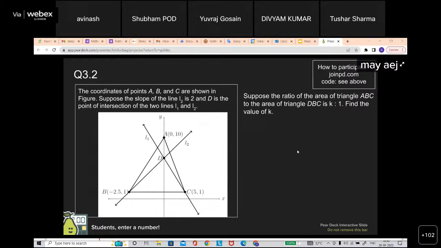The second idea is height into base, given in a tutorial video. Once you find the height and the length of the base, the formula is 1/2 height into base. Using these two ideas, you can answer this question.